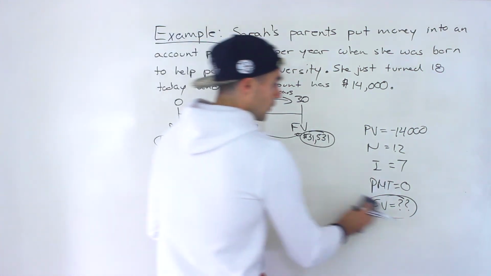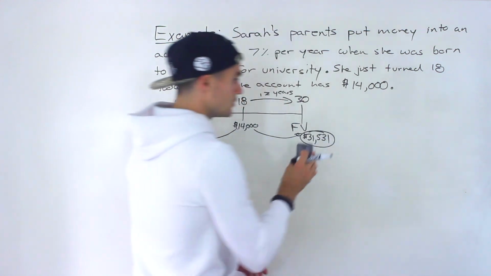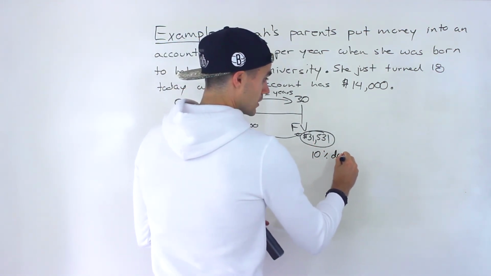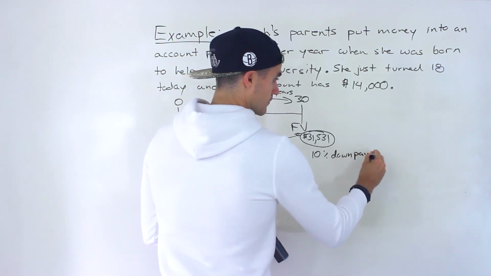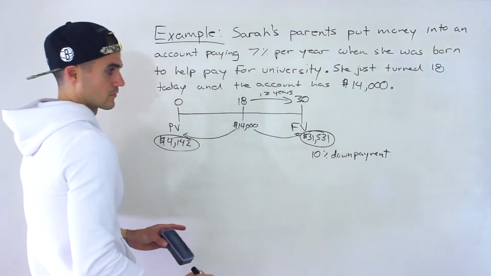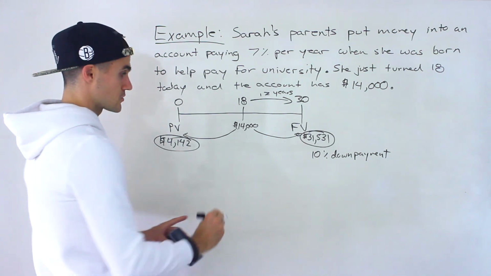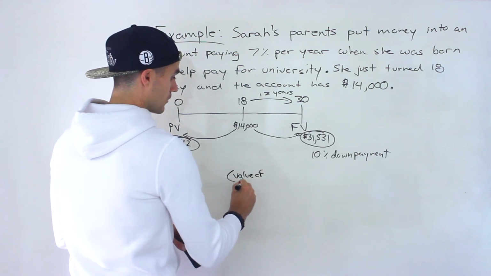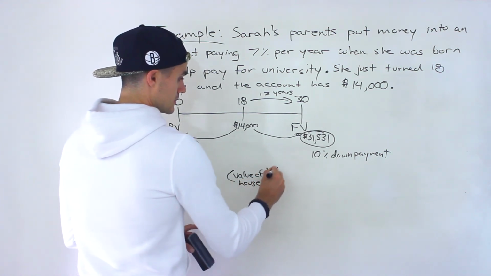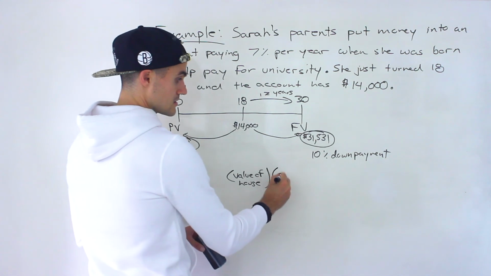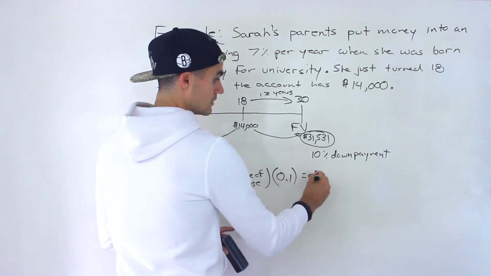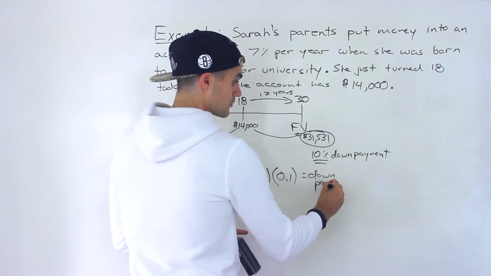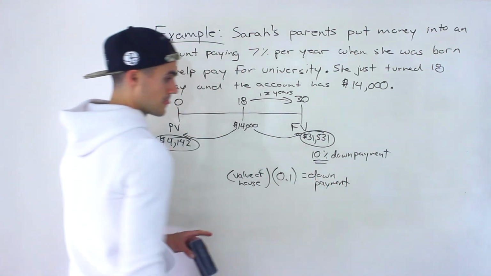However, the question is asking what? That's going to be used for a 10% down payment. They're asking how expensive is the house? Well, the value of the house times 10%, 0.1, is going to be the down payment. 10% means 10% of the value of the house.